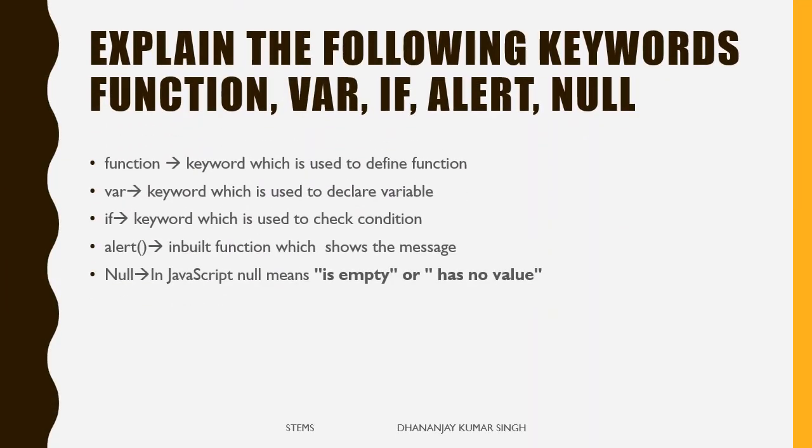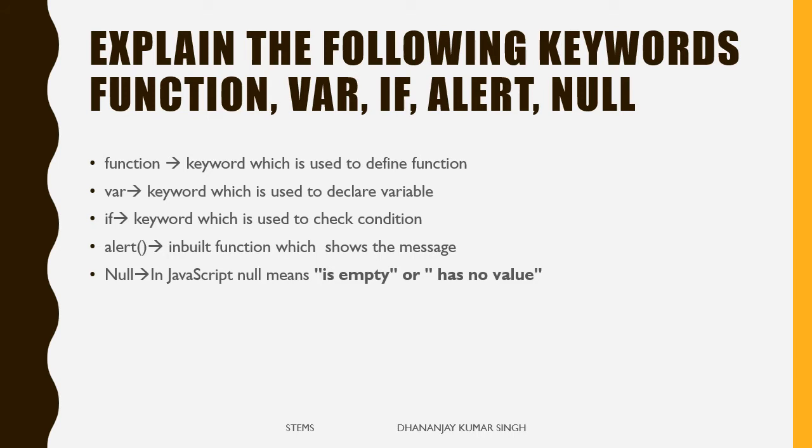Here we are understanding some keywords. The first keyword is function. So function is a keyword. Keywords are the reserved words which are already defined by the JavaScript developer. They can't be altered and they will be written the same as given here. Var is a keyword which is used to declare a variable.